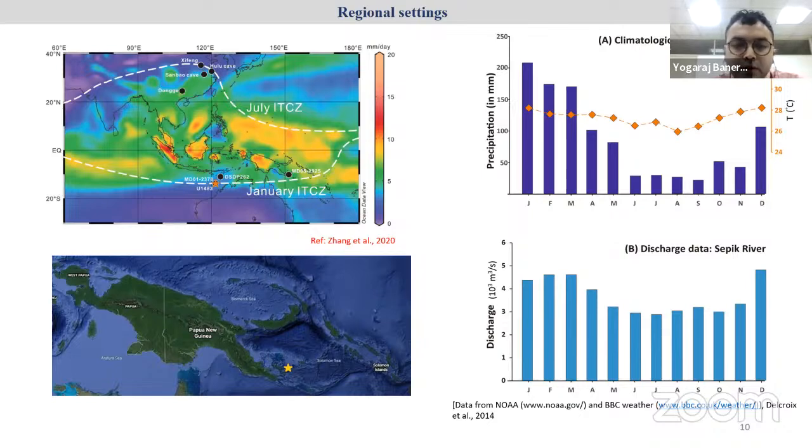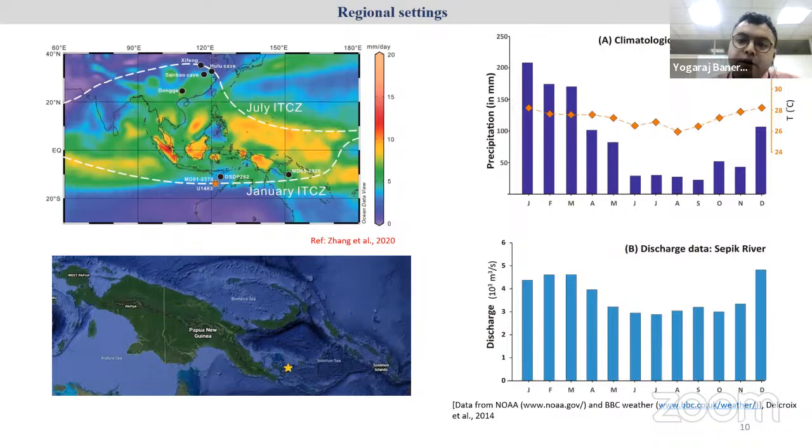It is from the coastal Papua New Guinea region. In the right-hand panel, the climatological data of nearby Port Moresby has been shown. The orange rectangles represent the seasonal temperature variability of that region, and it varies from around 28 to 26 degrees Celsius.